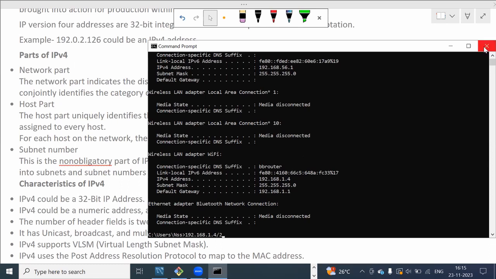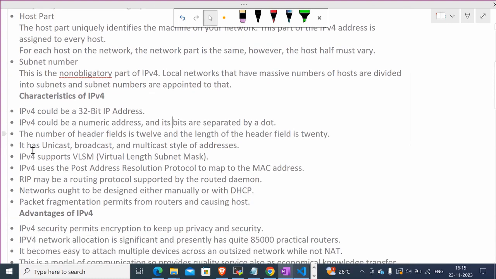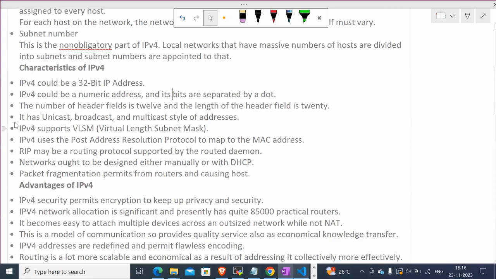Now let's see the characteristics of IPv4. IPv4 is a 32-bit IP address. IPv4 is a numeric address, and its bits are separated by dots. The number of header fields is 12 and the length of the header field is 12. It has unicast, broadcast, and multicast styles of IP address.